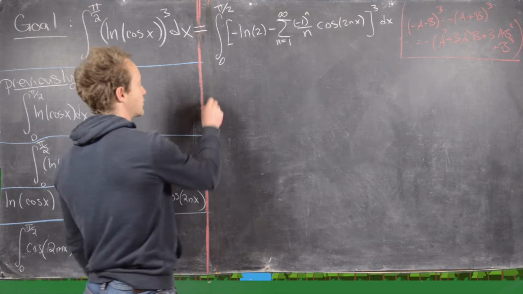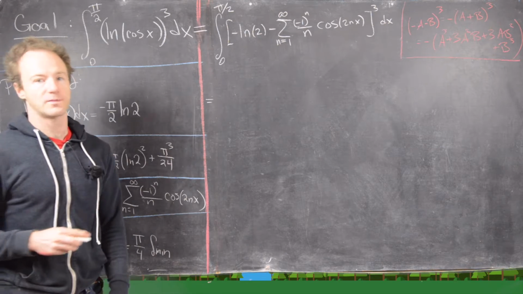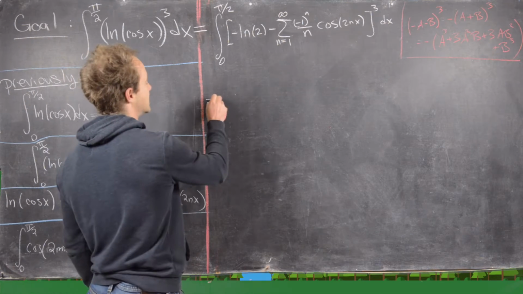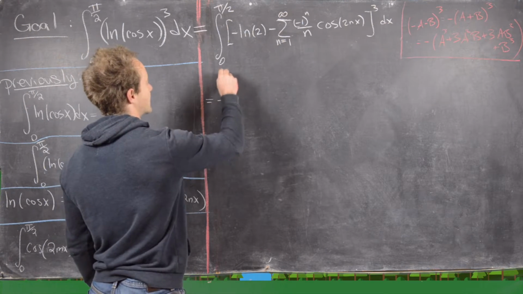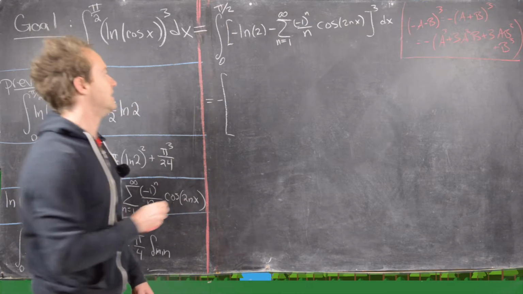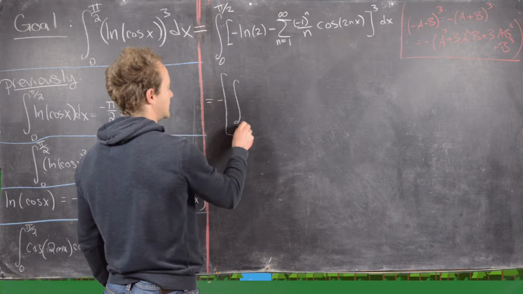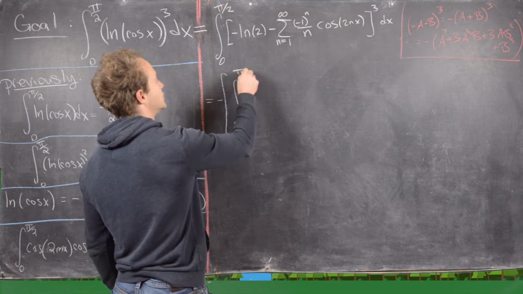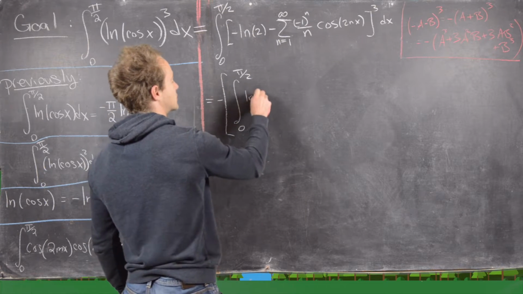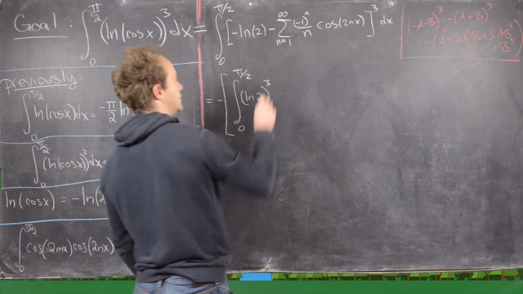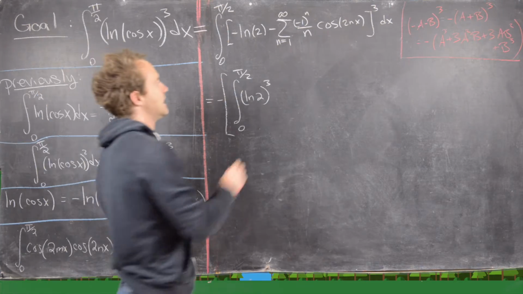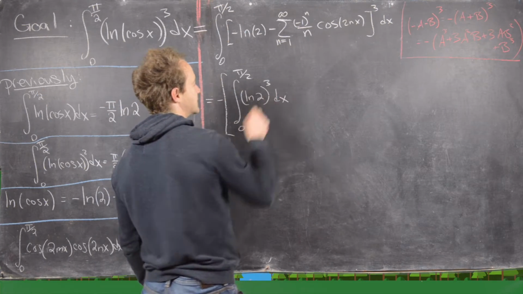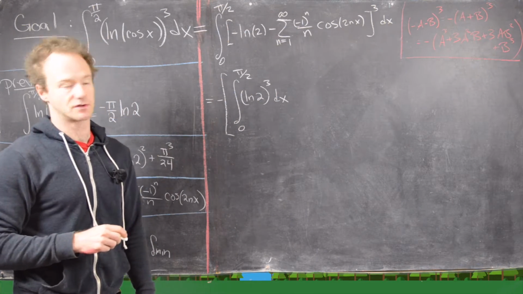Okay, so that's going to break this thing up into 4 pieces. We're going to have a minus out in front of the whole thing. And then we'll have the integral from 0 to pi over 2 of the natural log of 2 cubed. Then I'm going to go ahead and separate these out into 4 integrals, so that'll be the first integral.